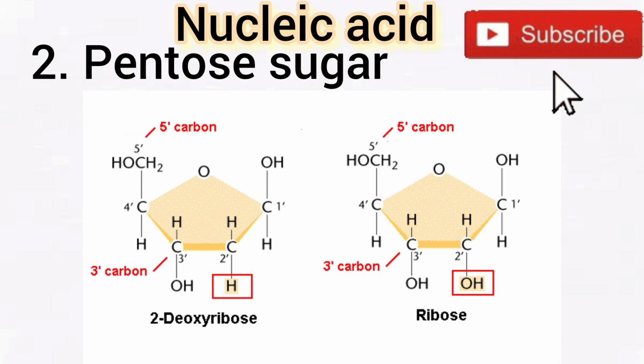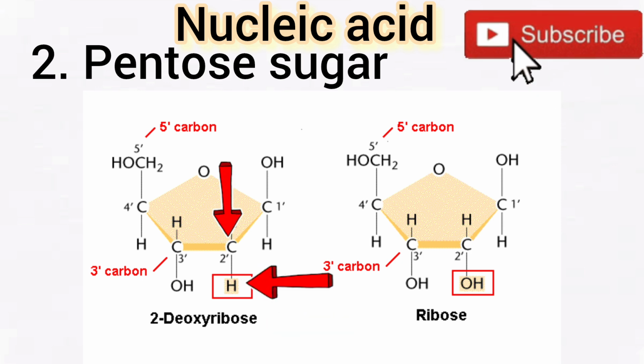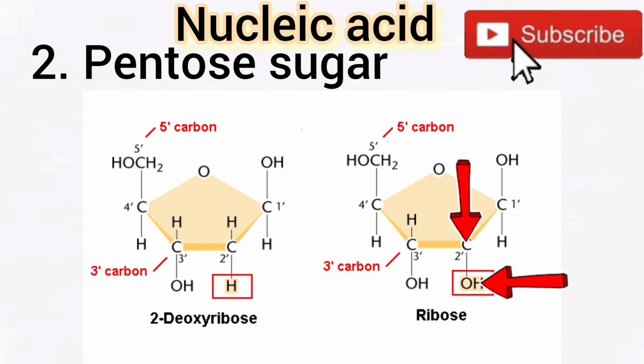In DNA, the kind of pentose sugar present is called deoxyribose sugar, while in RNA, the kind of pentose sugar present is called the ribose sugar. Now let's take a look at these two structures. In the deoxyribose sugar, you can take a look at the carbon 2. Hydrogen atom is present there, while in the ribose sugar, the OH group termed the hydroxyl group is present there.